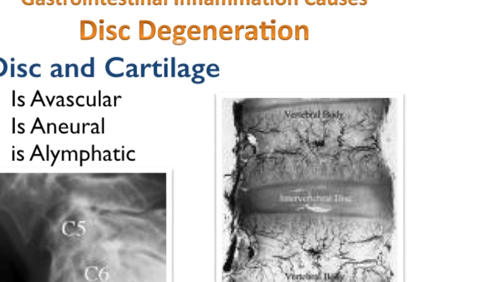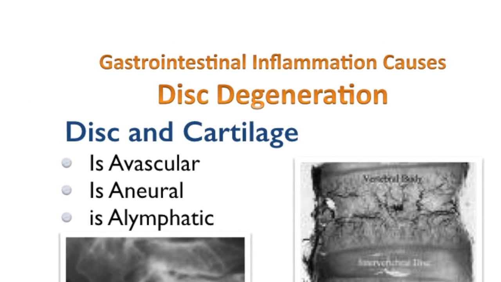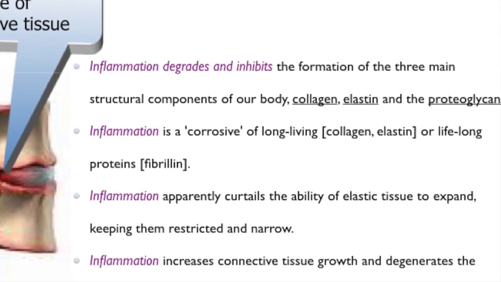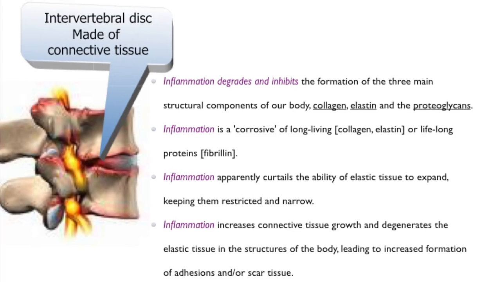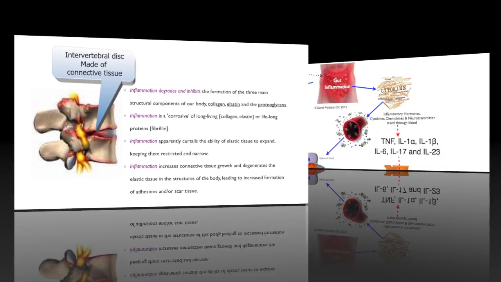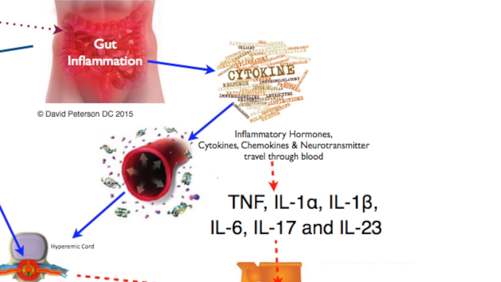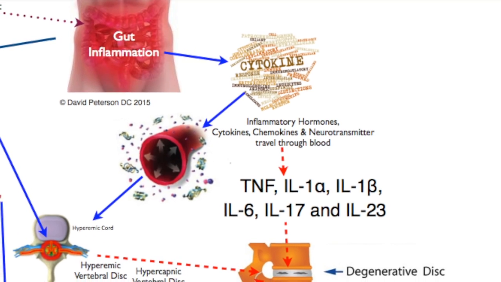Annulus cells exposed to inflammatory cytokines and chemokines respond to shear with a dramatic and sustained increase in the cytoplasmic free calcium concentrations, 6 to 10 times over the base levels, leading to the formation of osteophytes. Cytokines appear to sensitize the annulus cells to mechanical load.